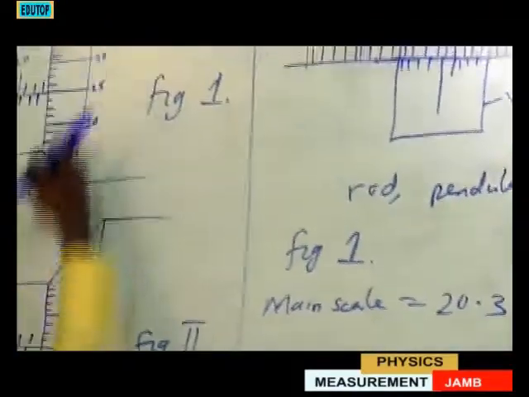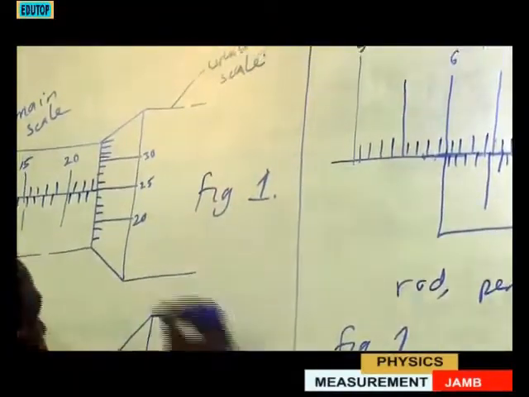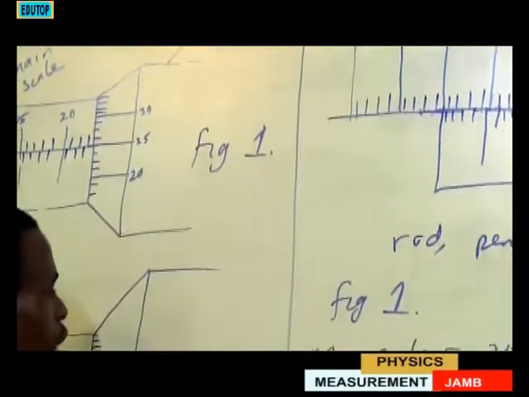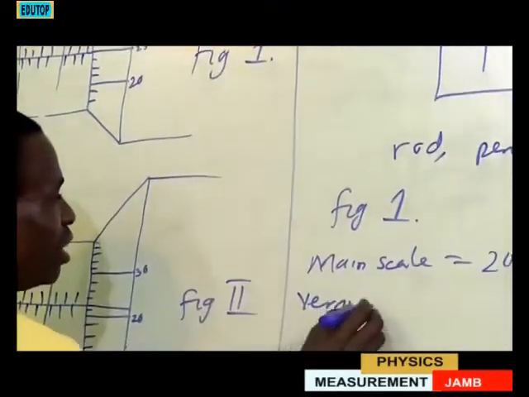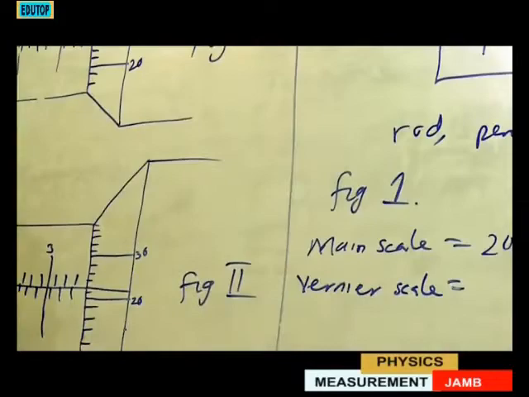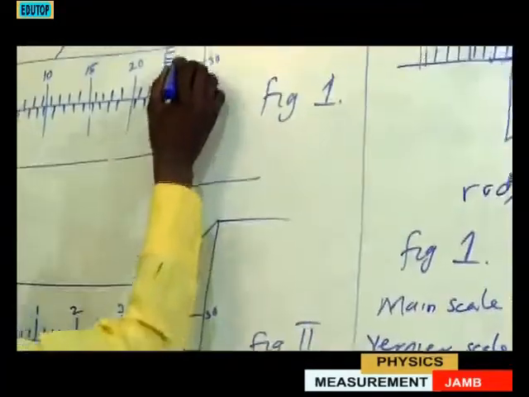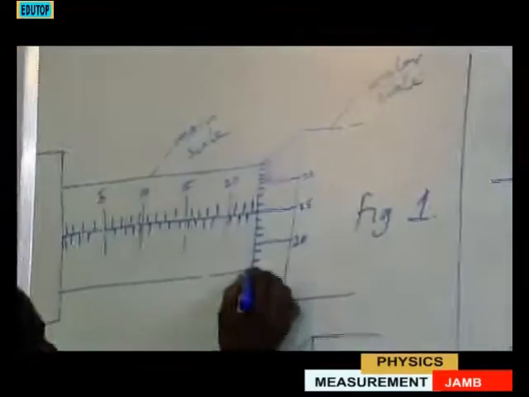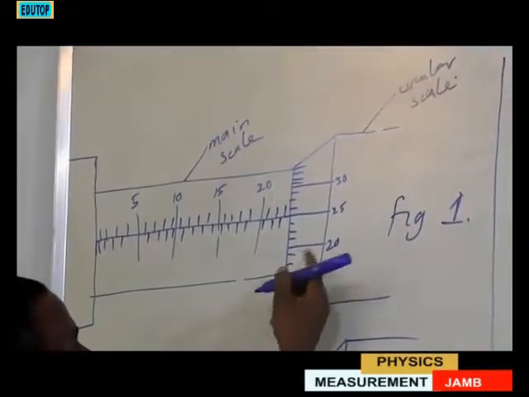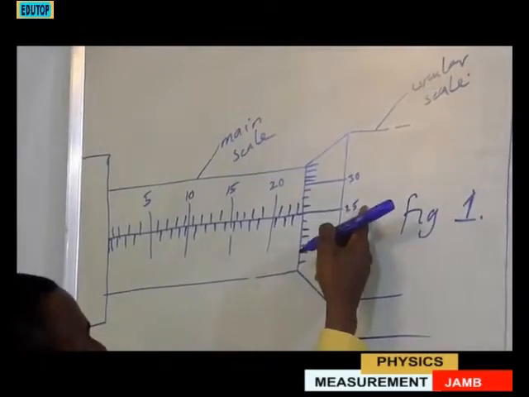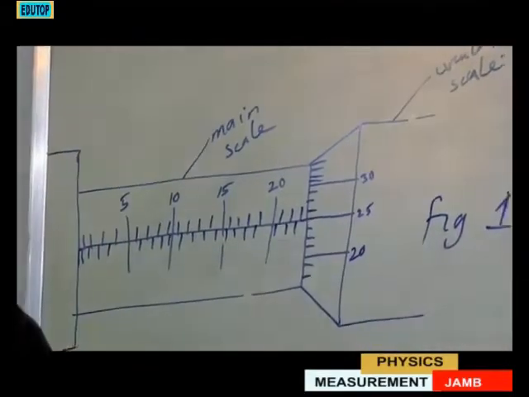Check the circular scale. The circular scale, you also call it a vernier scale. If you count from this point, this is 20, 25, 30.